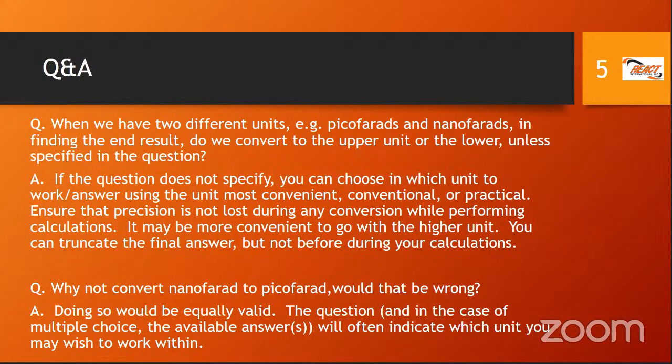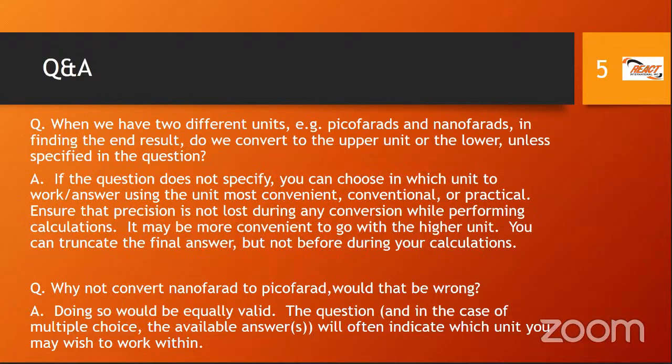The answer is, if the question does not specify, you can basically choose which unit you want to work in or answer. That is based on convenience, convention, or what is practical. However, whatever you choose to do, ensure that you do not lose any precision during conversions while you are actually performing the calculations.